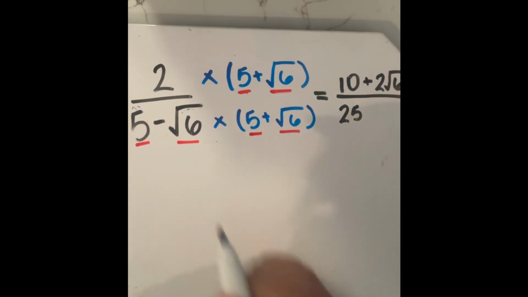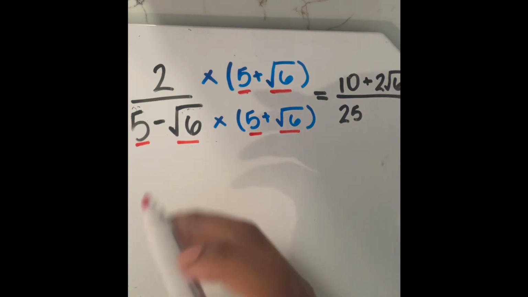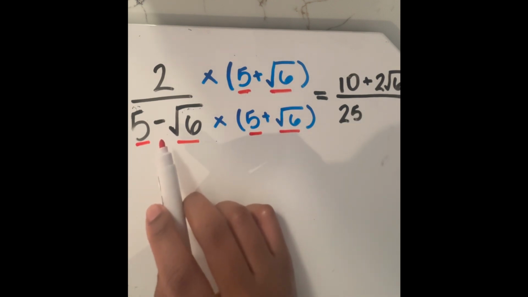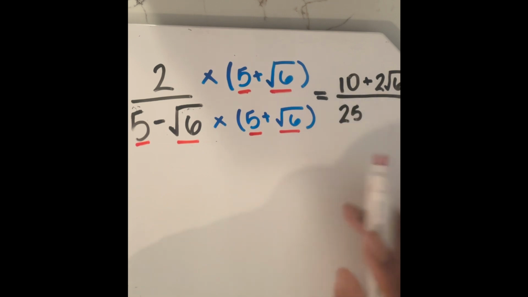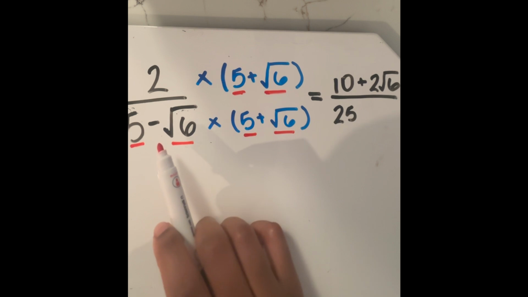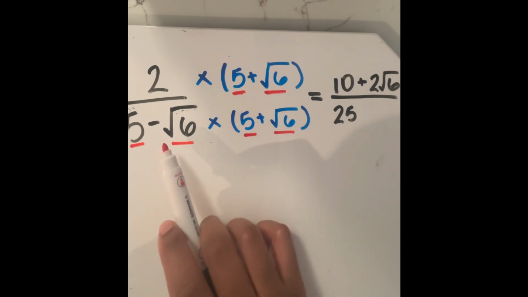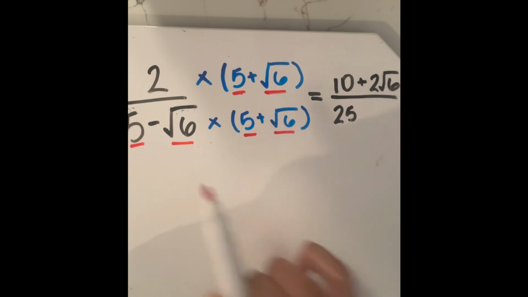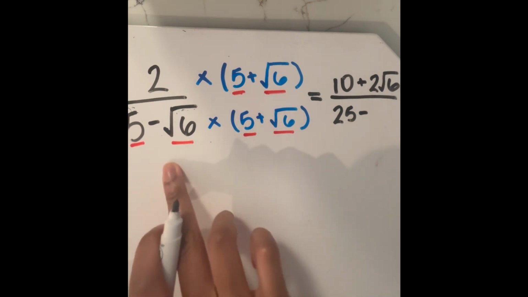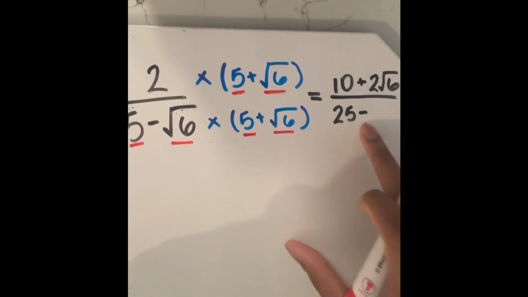Then we can't forget our operation. In this expression, we have a minus sign, but in this expression, we have an addition sign. So it's technically negative square root of 6 times a positive square root of 6. We know that's going to have a minus sign because a negative times a positive is always a negative.